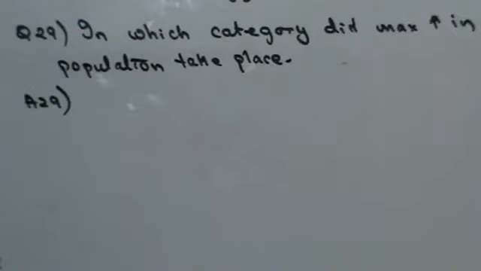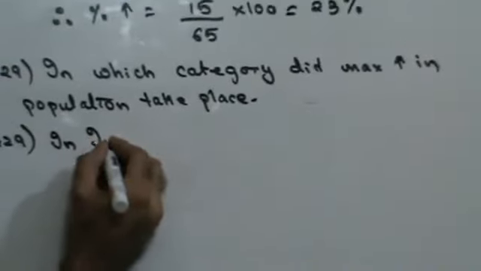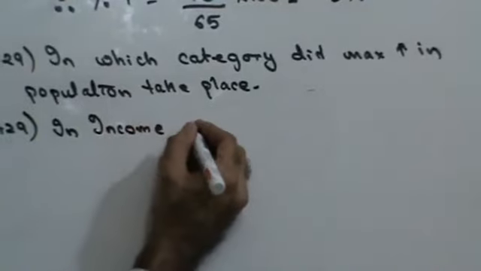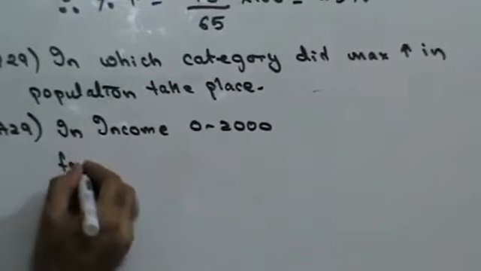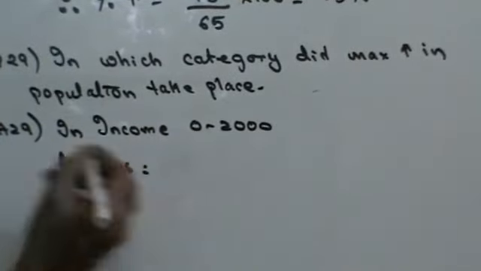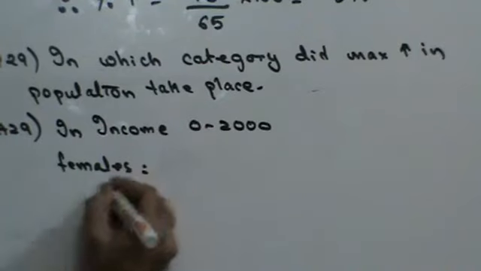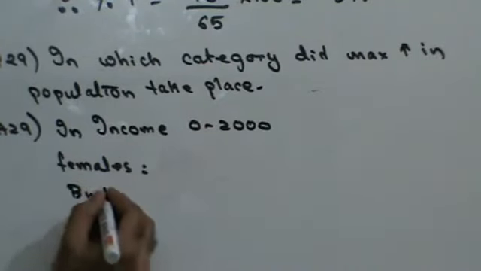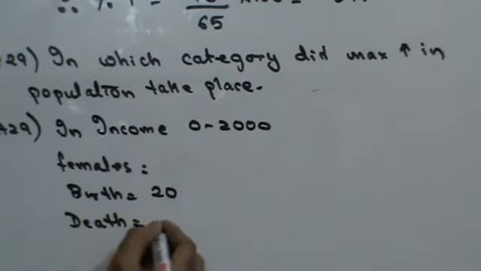Now if you look at the family income 0 to 2000 females, you will see that there were 20 females born and the death was only 4.